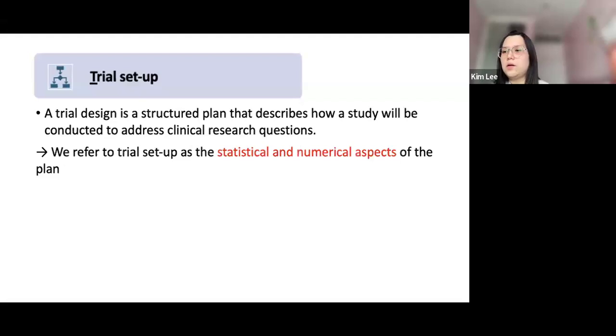The next element of our framework is trial setup. A trial design is a structured plan that describes how a study will be conducted to address clinical research questions. In our OCTAVE framework, we refer to trial setup as the statistical and numerical aspects of the plan. These aspects can be selected accordingly by stakeholders.